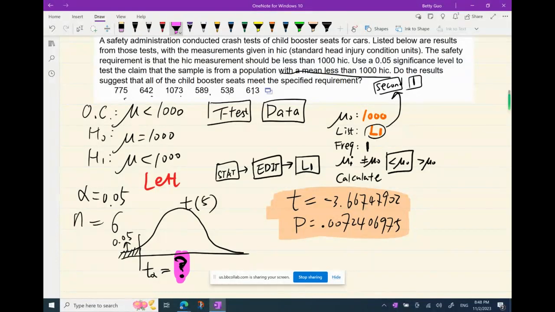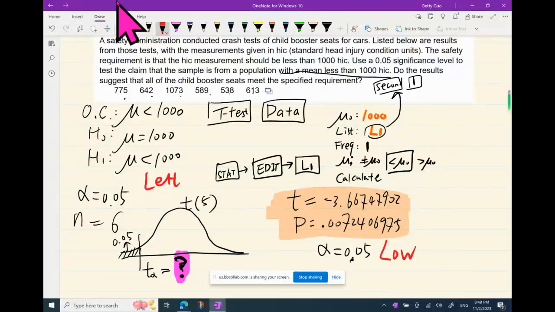Then you compare our test statistic with the critical value. And here I'm going to use the p-value method to compare our p-value with alpha. Alpha is 0.05. So is the p-value low or high? Low, right? The p-value is low.